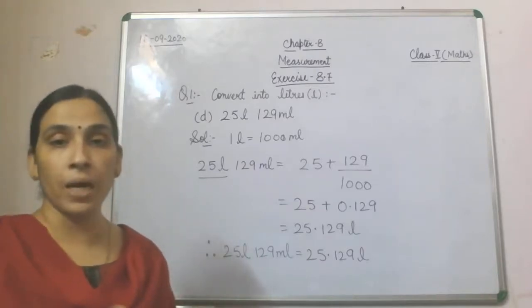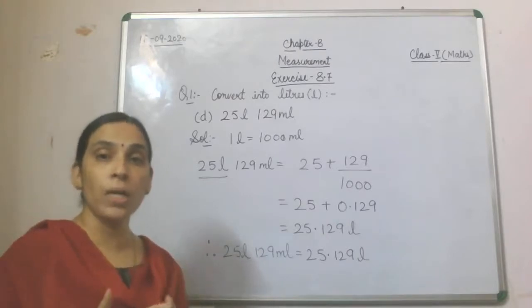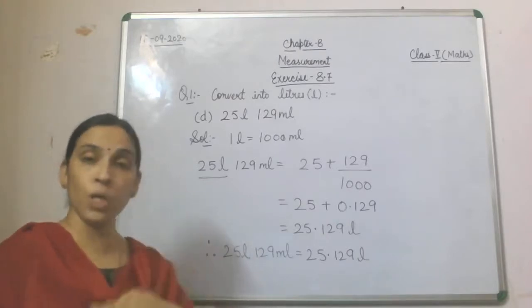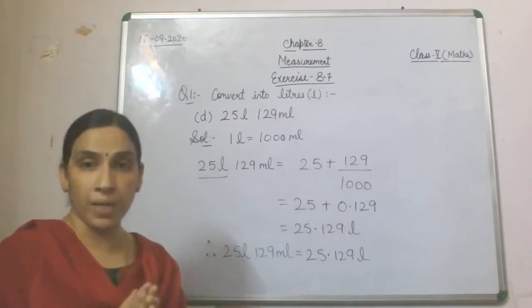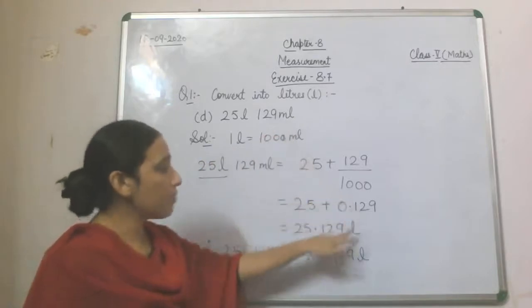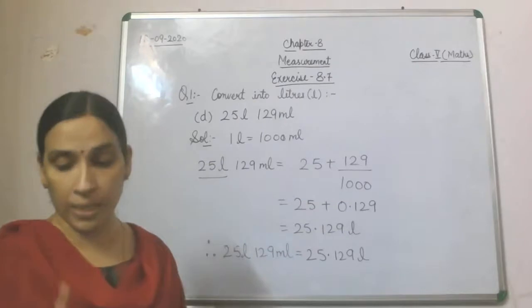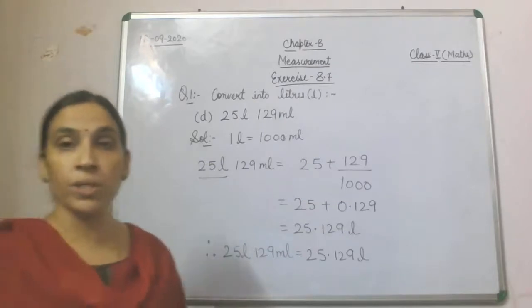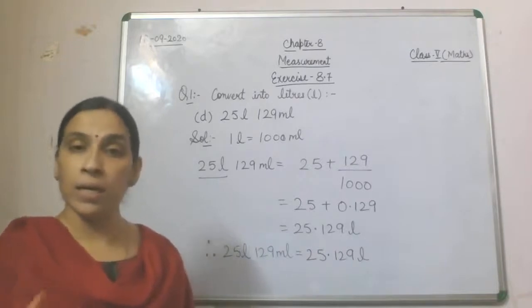The basic thing you have to remember: smaller to bigger, you have to divide, and bigger to smaller you have to multiply. Understand this concept, and by using that concept tomorrow we will start with the next question too.